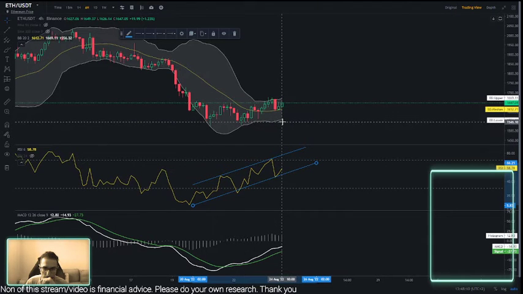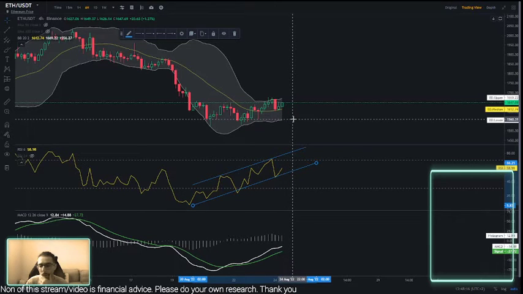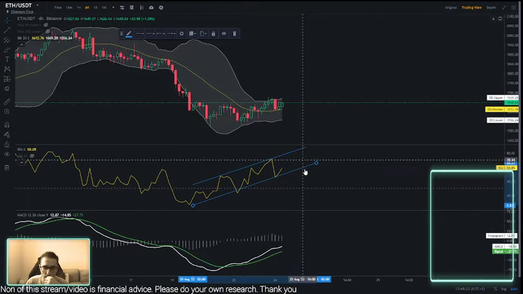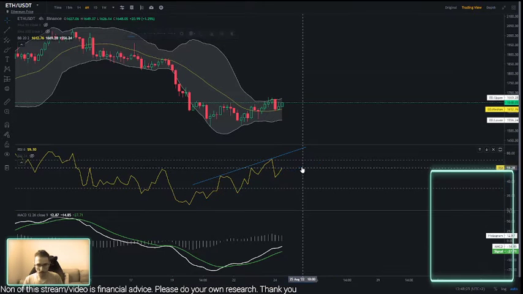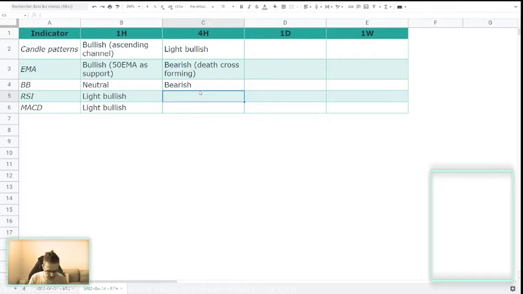So let's see, we could touch somewhere around here, just in around 10 hours from now. That's interesting. And then definitely some pullback. So let's go for bearish, for bullish, sorry. Light bullish, yeah, light bullish looks good.